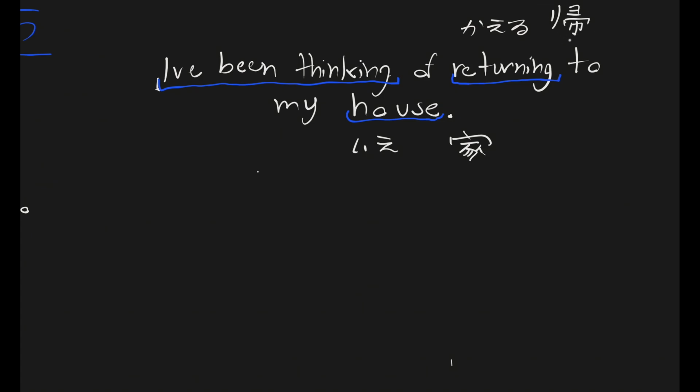This is the kanji for kaeru, or to return home, or to return. So let's now translate it all.